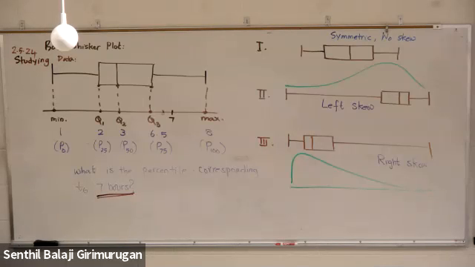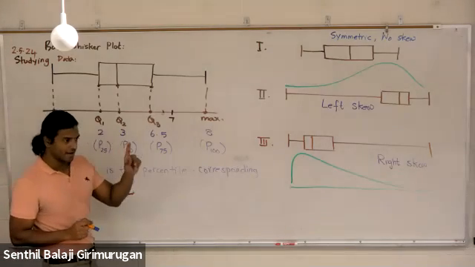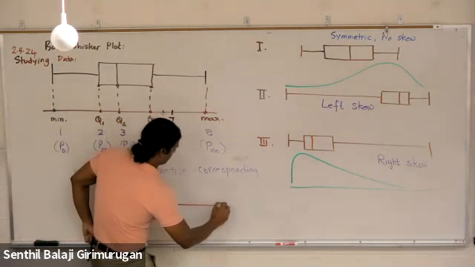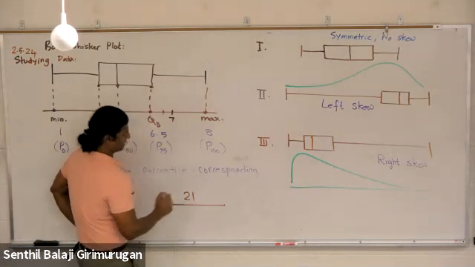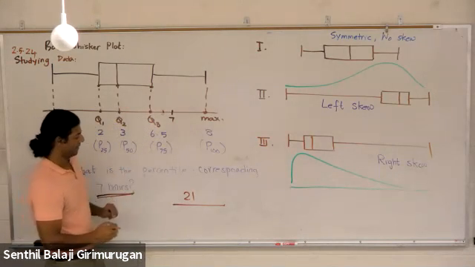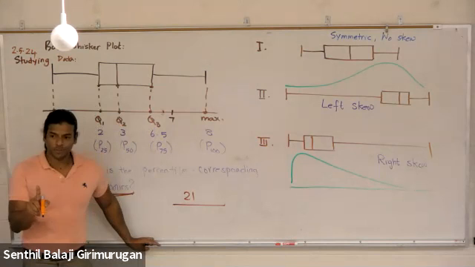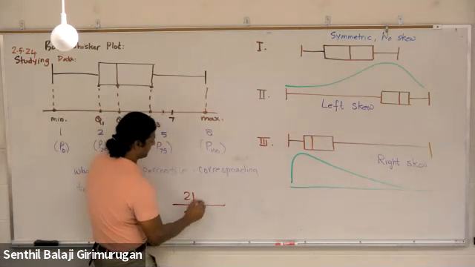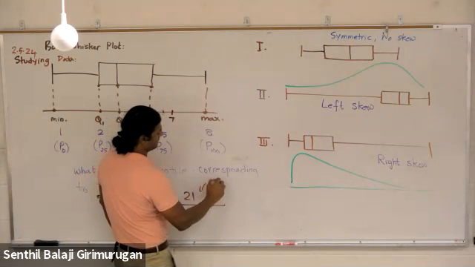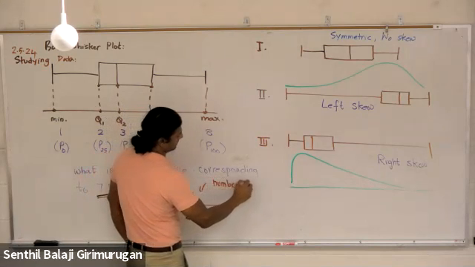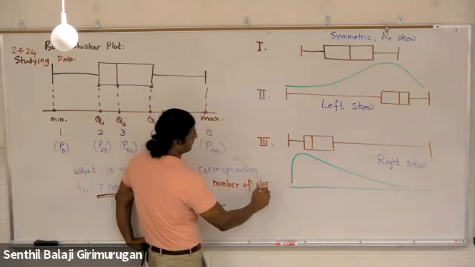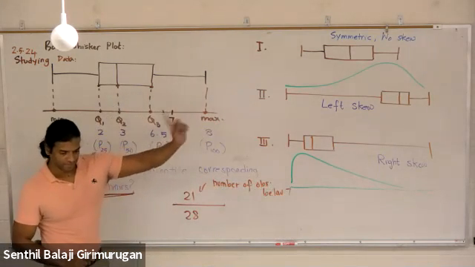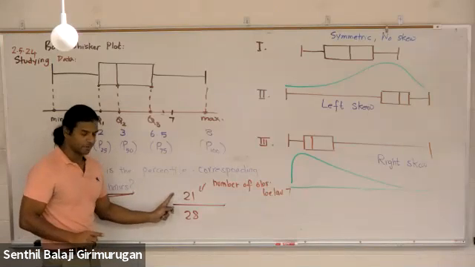So the number of observations below 7 in our data is 21.